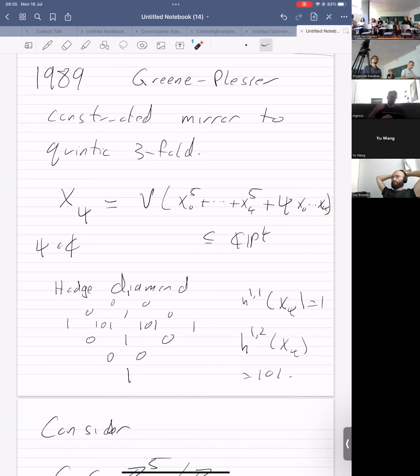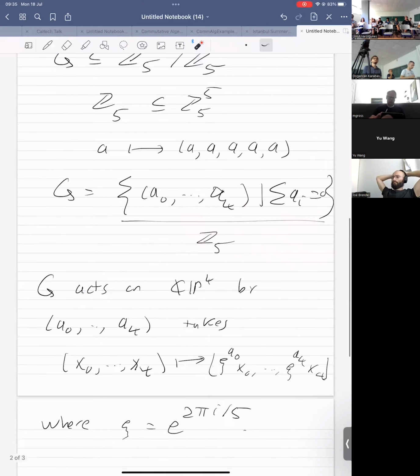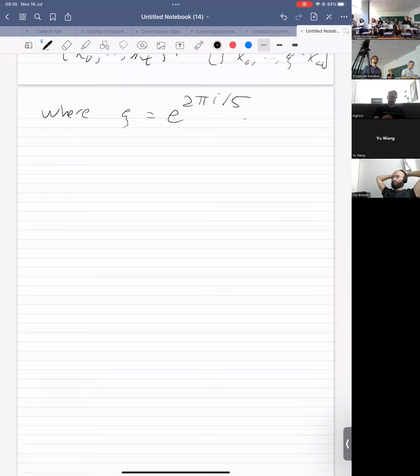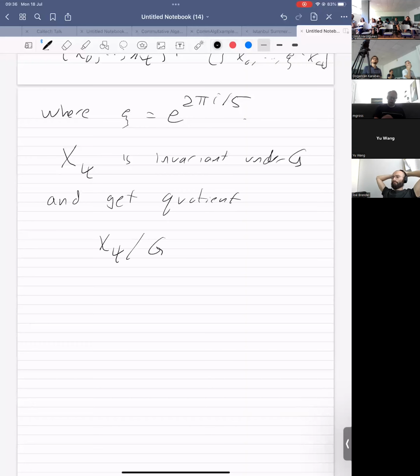So this equation is invariant under G. X_psi is invariant under G, so we get a G action on X_psi. So we get a quotient X_psi mod G.